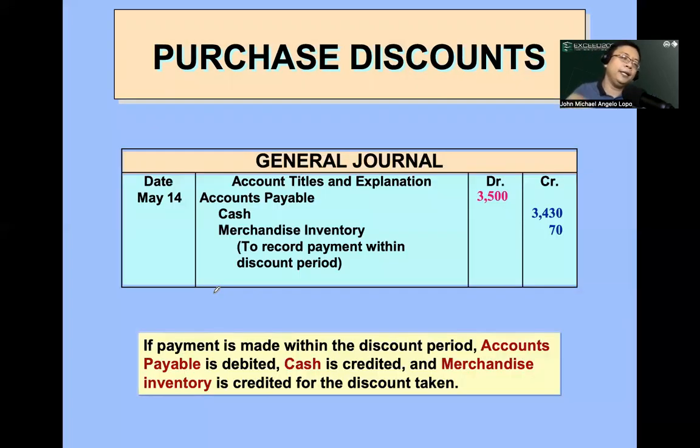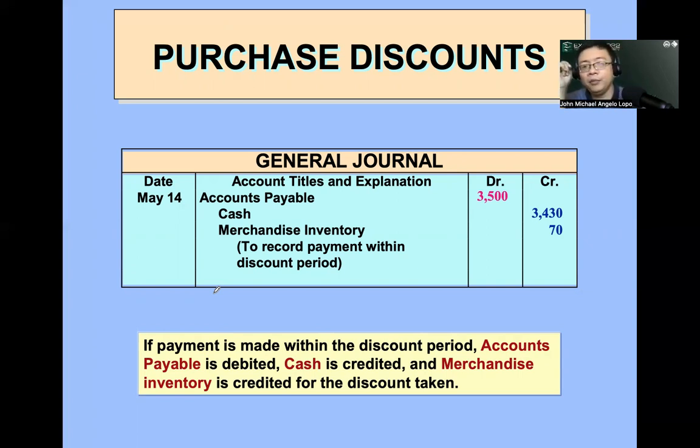In terms of the purchase discount, please take note, class, that the accounts payable is not anymore the 3.5 na babayaran natin. Yung cash lang na 3,430 plus 70 is your accounts payable. Parang prompt payment siguro.